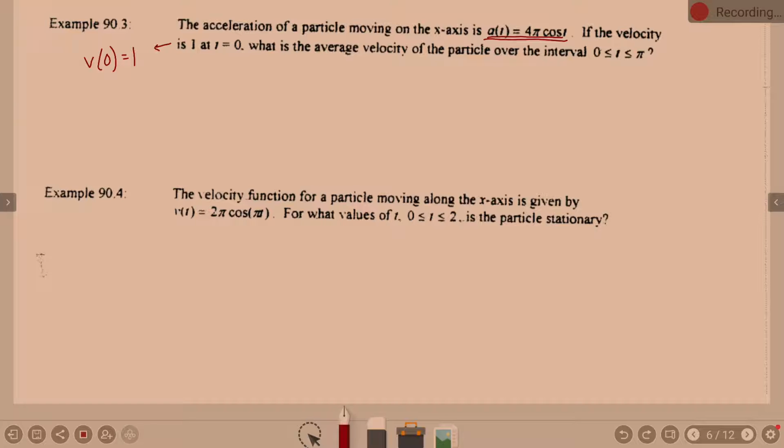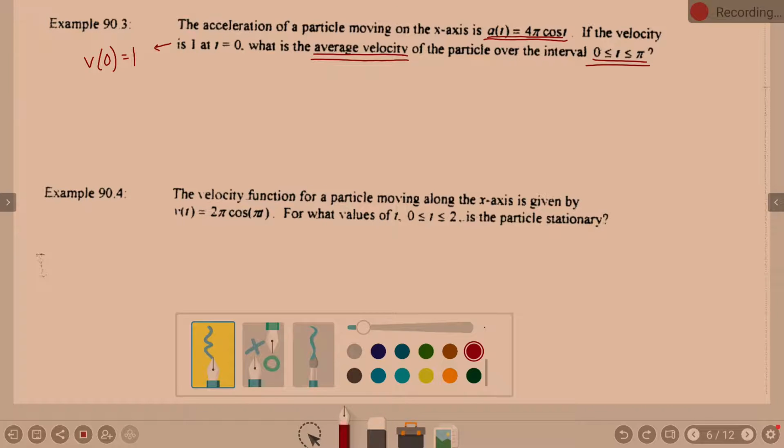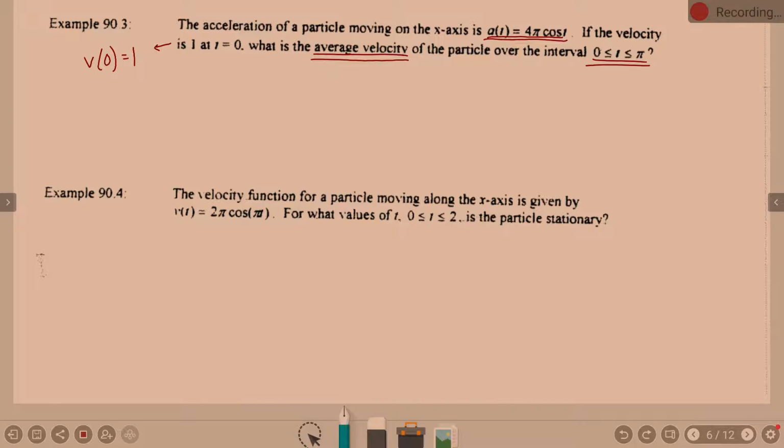Okay, so velocity is given. What are they asking me for? Average velocity of the particle over the interval 0 to pi. Well, thoughts on where to start? We are given acceleration, so we need the velocity, so we're going to need the integral of that.